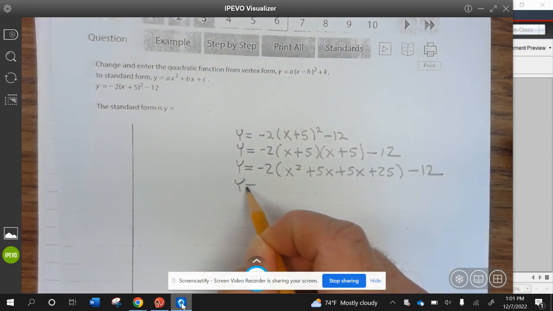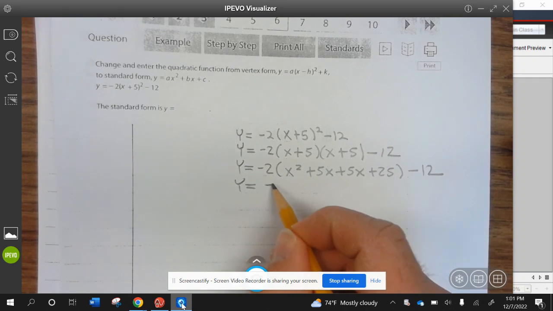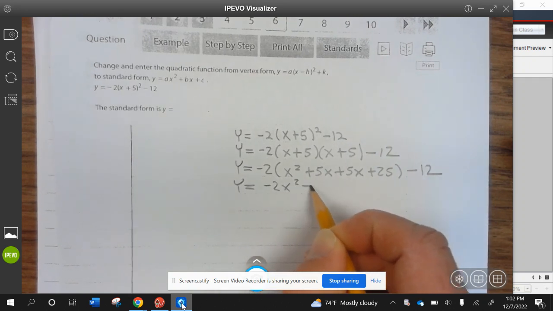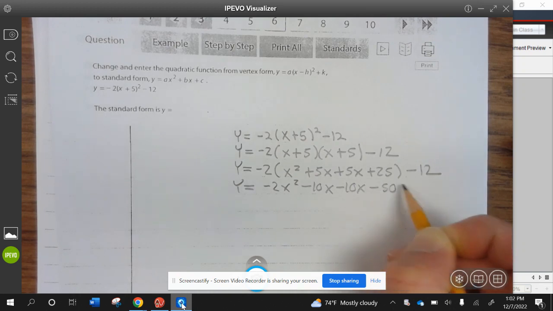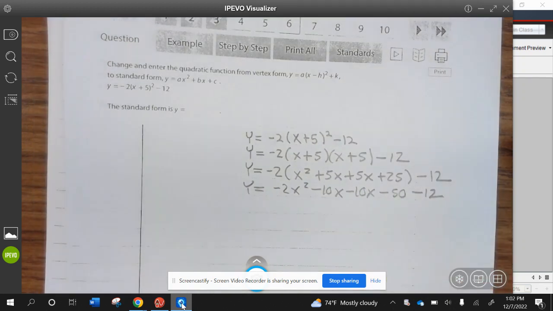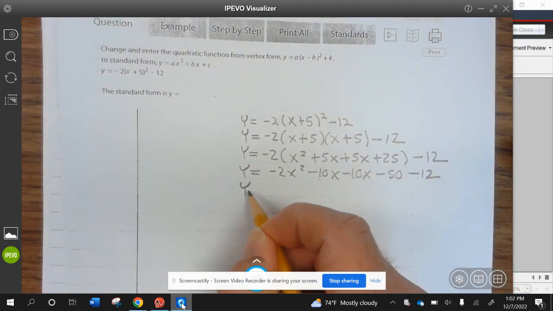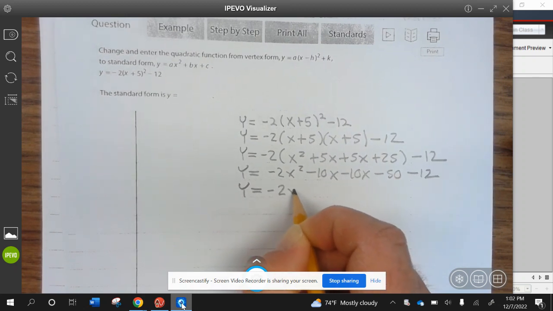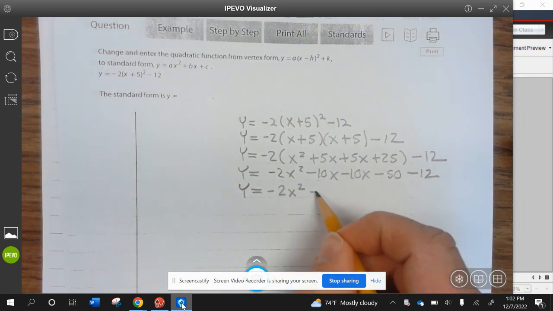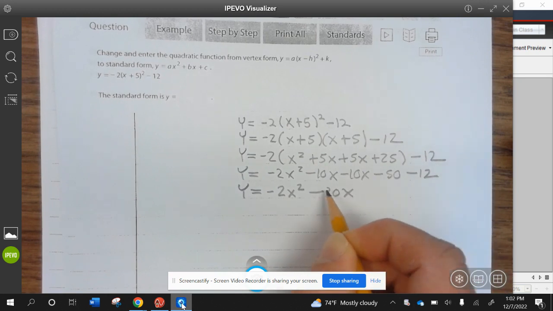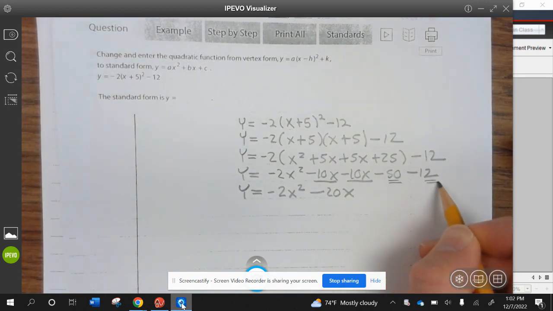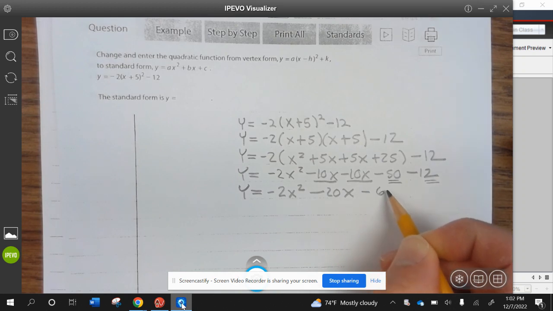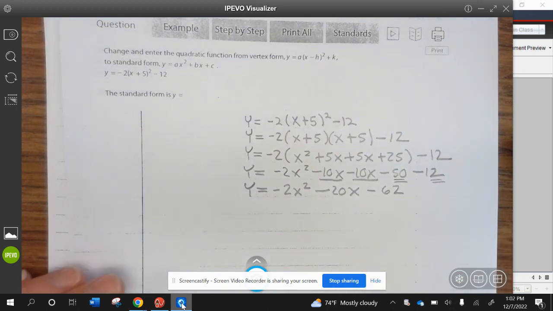Then we multiply everything by -2. That's -2x squared minus 10x minus 10x minus 50 minus 12. So y equals -2x squared minus 20x, because we combine these, and then we combine these, so that's minus 62.